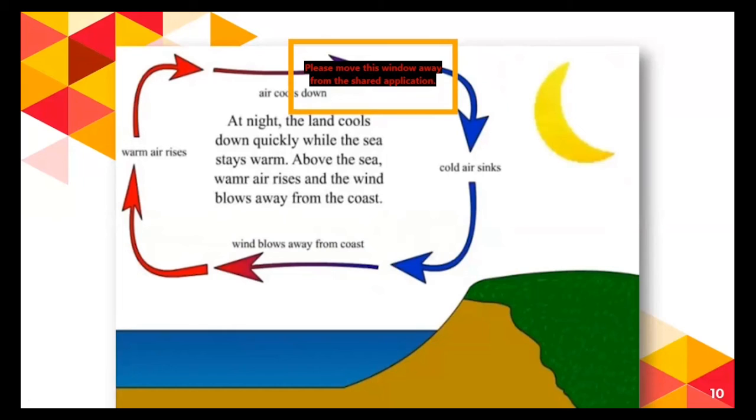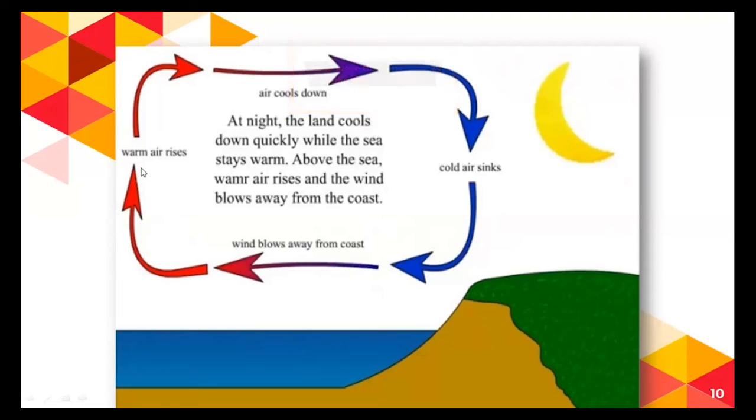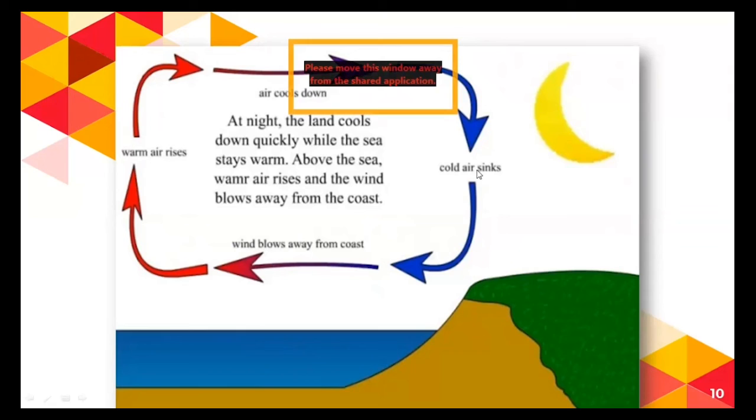And then above the sea, the warmer air rises and the wind blows away from the coast, not towards the coast. And then you have another diagram that represents how the convection current happens in this case. So wind blows away from the coast, the air becomes less dense, warmer air rises, and then the air cools down according to different factors, and then the colder air sinks because it becomes more dense.